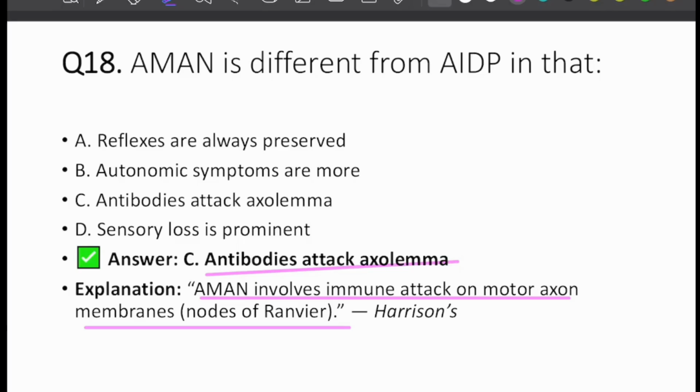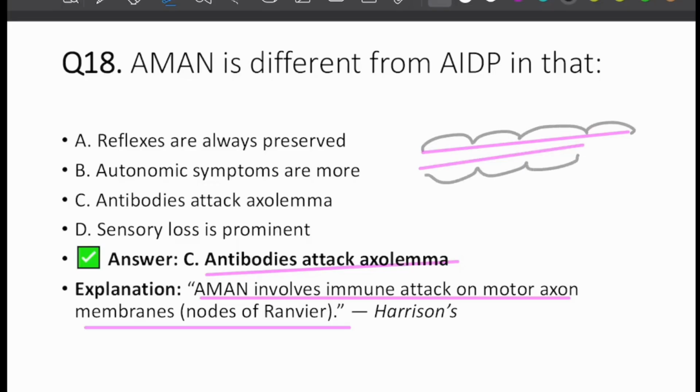So this is the nerve, and think that this is the myelin sheath. AIDP produces demyelination. Axons are intact, whereas AMAN produces damage to axons.